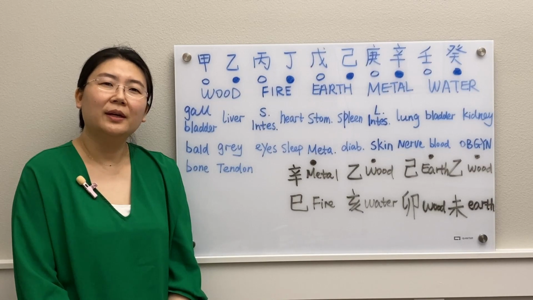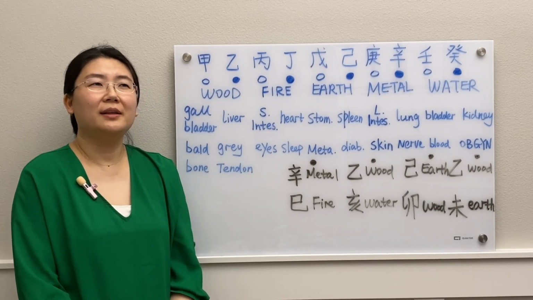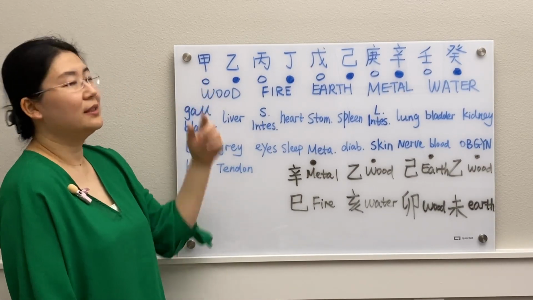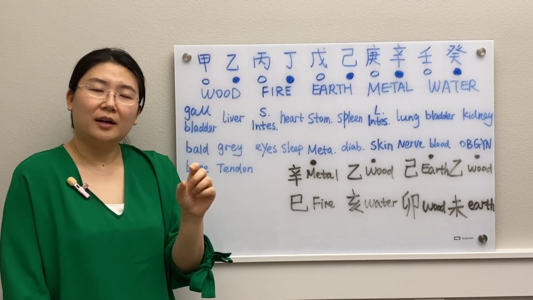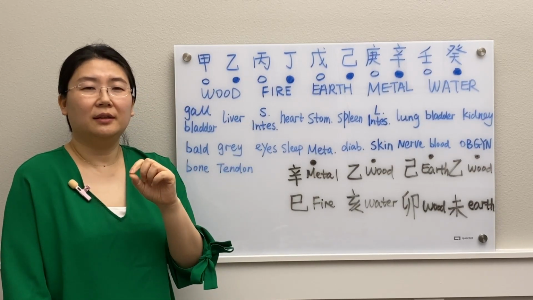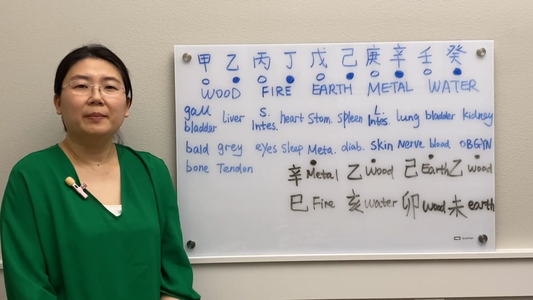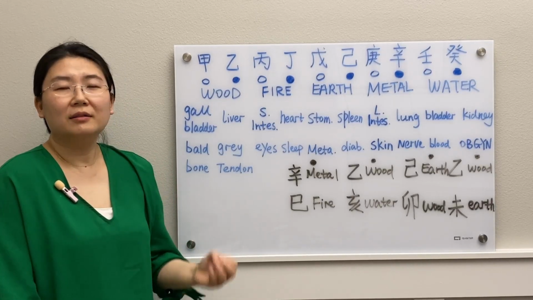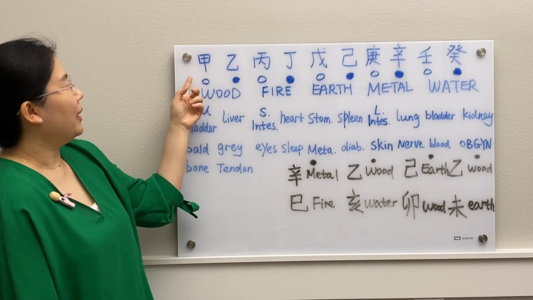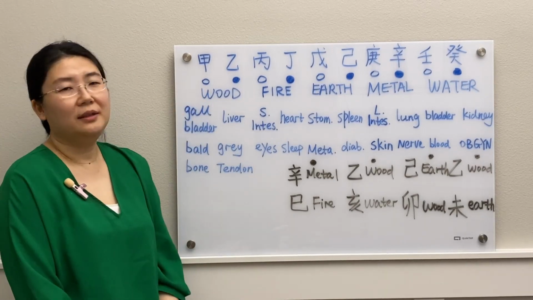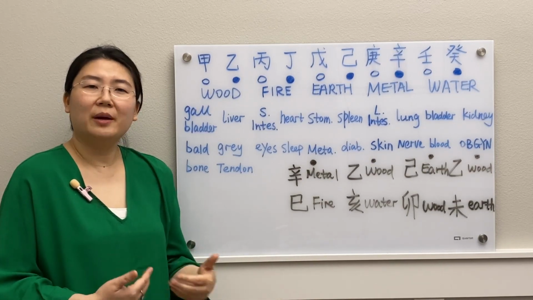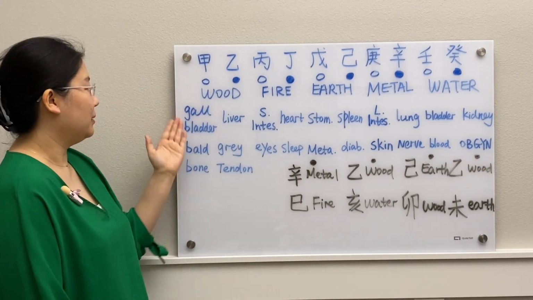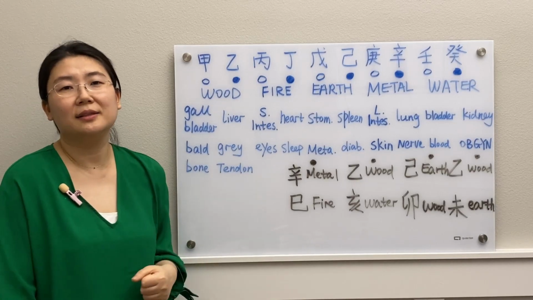For example, if a BaZi chart doesn't have this yang wood heavenly stem in its top row, however, that chart has a yin wood in the earthly branch bottom row, because yin wood, that earthly branch, has the main ingredient of the same yang wood from heavenly stem, you can actually use that bottom row to have the same conclusion and analysis.